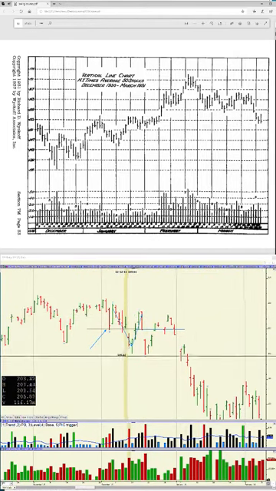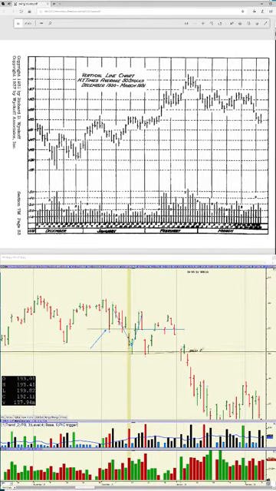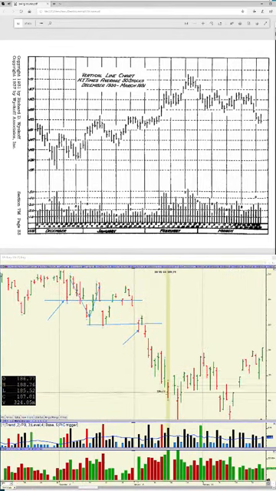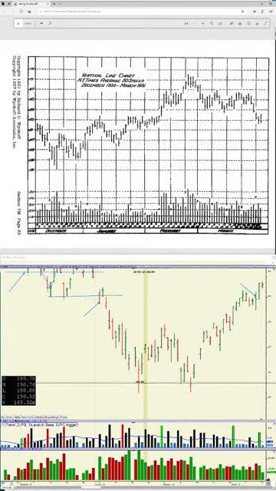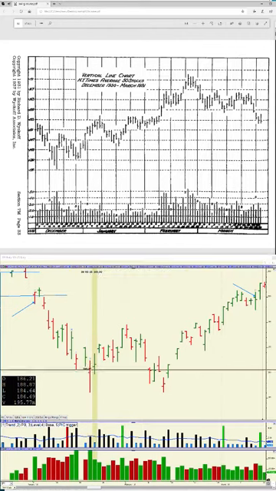And there's your break. It's another sign of a break right there. Breakout volume right there. Goes down. This is your first indication of buying, right here.